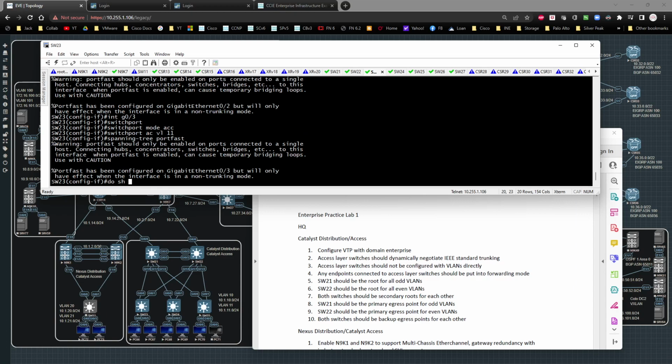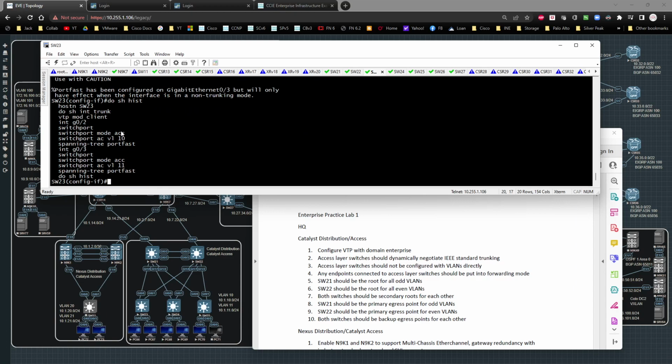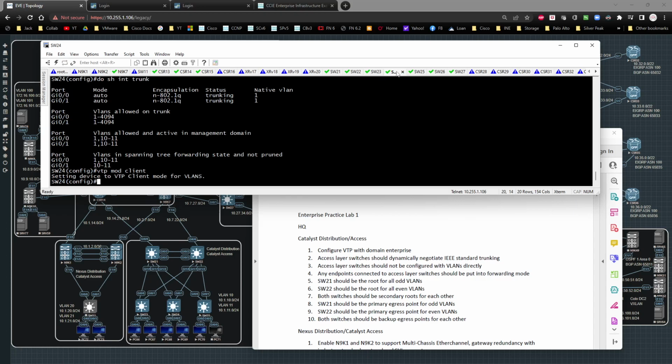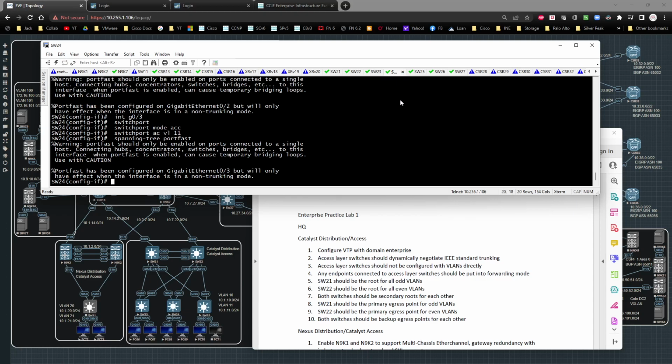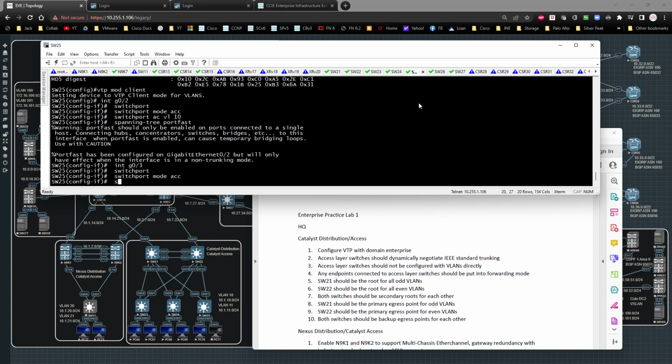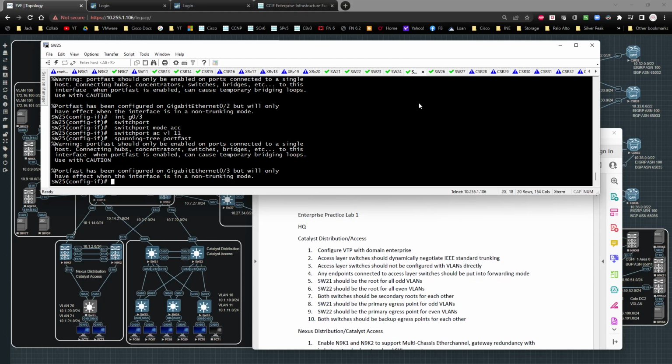Okay, so do show history. I'm going to take these few lines of config and paste them into 24 and 25 respectively. Just like that. So that's how you would mass configure those interfaces. So tasks 1, 2, 3, and 4 are now complete.